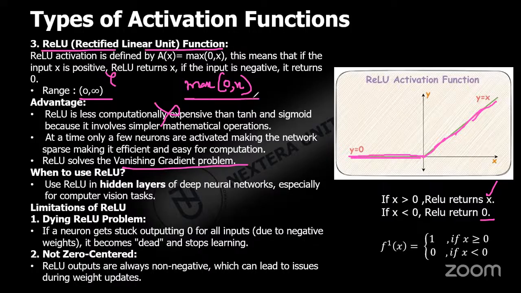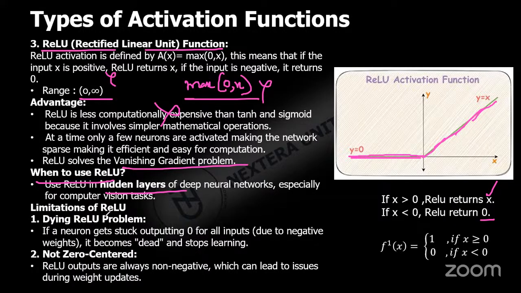The reason is the very simple formula, max of 0 comma x, nothing but calculating the maximum value. Is it a computationally burdened problem? No. And where do we generally use ReLU? We use ReLU in hidden layer neurons as an activation function.